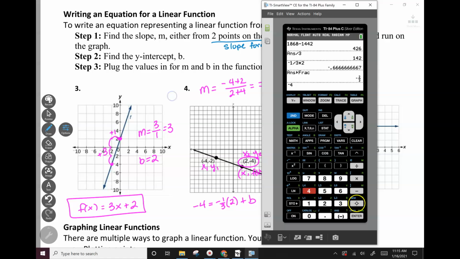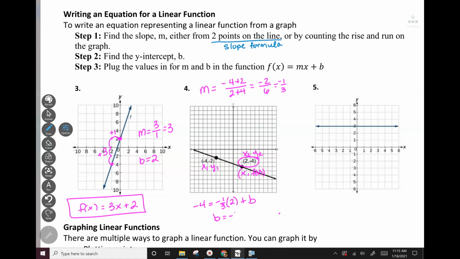So negative 4 plus 2/3. Math frac. So b equals negative 10/3. No wonder we couldn't see it on the graph. All right, so then plugging those both into f of x equals mx plus b. f of x equals negative 1/3 x minus 10 over 3.